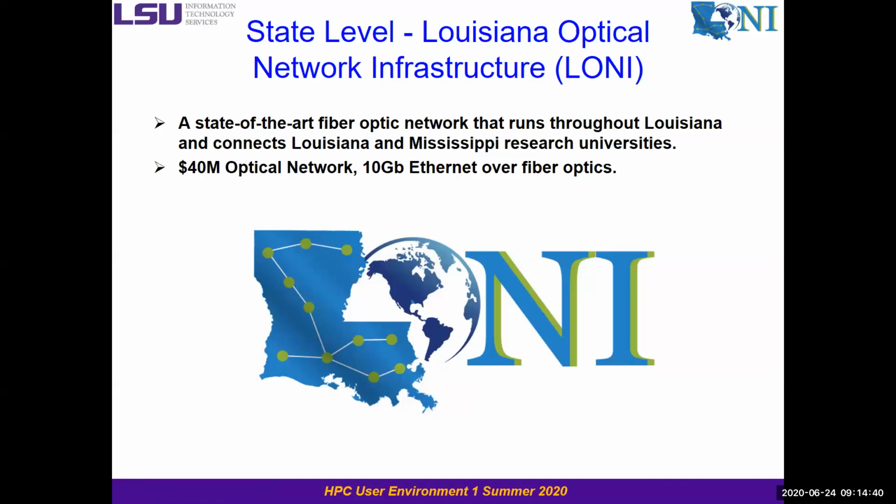For the state-level resource, we have LONI, which refers to Louisiana Optical Network Infrastructure. It's a state-of-the-art fiber optical network that runs through Louisiana and connects Louisiana and Mississippi research universities.